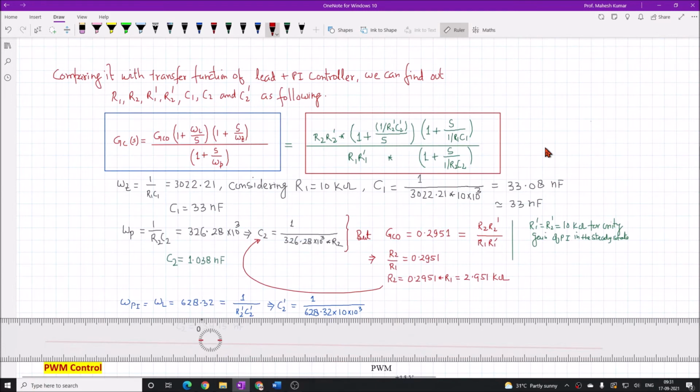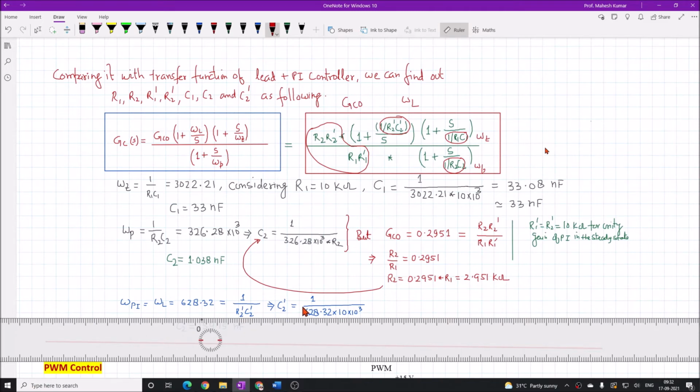For example, omega z is what? 1 by R1 C1. You can see here, this is omega z. This is omega p. This is omega L. And this is nothing but GC0.